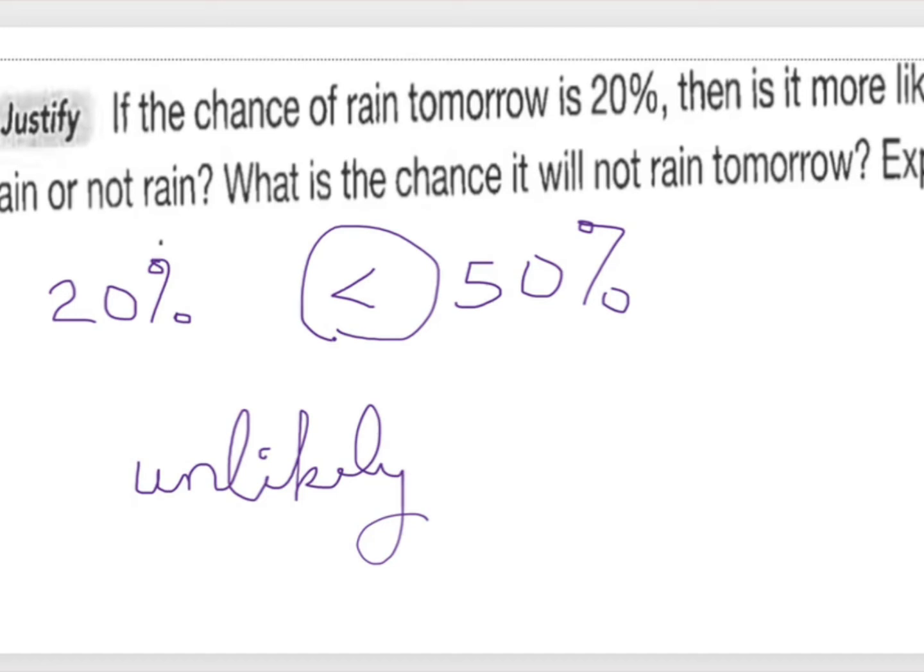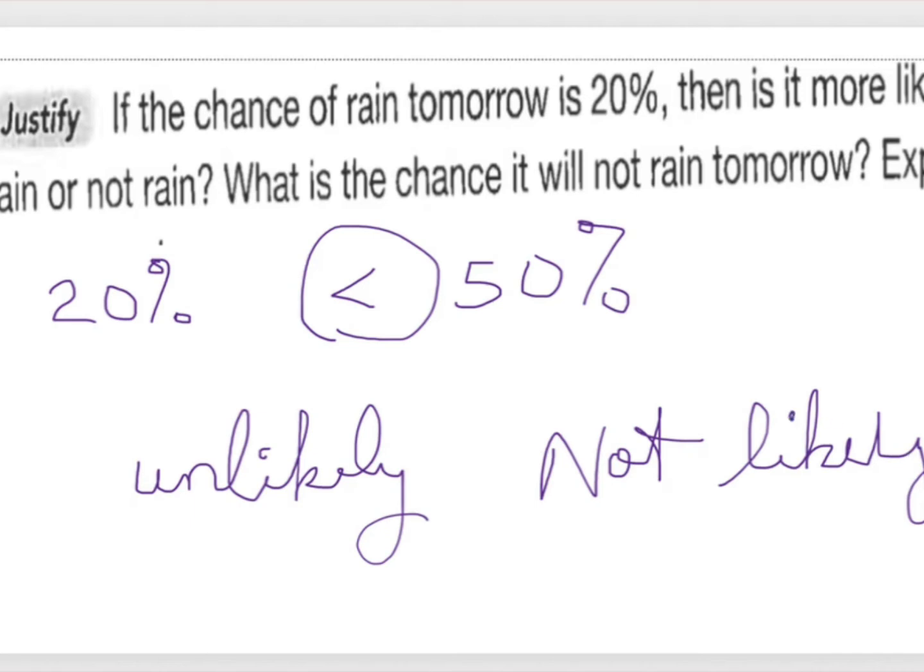It says, then is it more likely to rain or not rain? We could say it's not likely to rain. Unlikely, not likely, whatever you want to say. And then what is the chance it will not rain tomorrow? There's an 80% chance that it will not rain tomorrow, right?